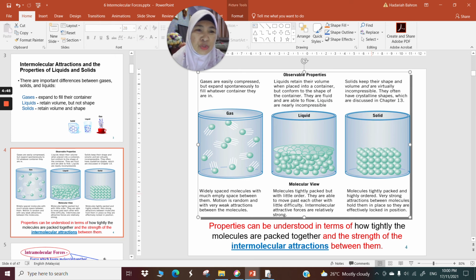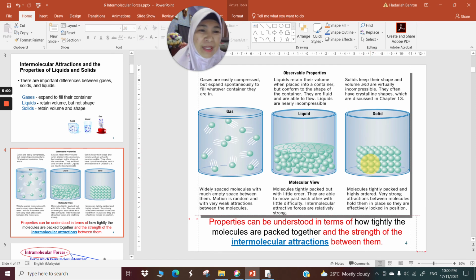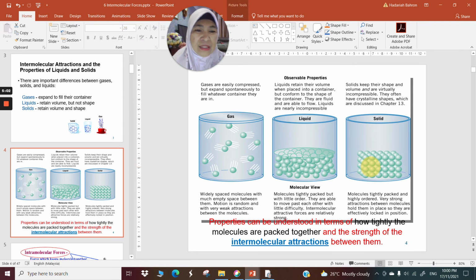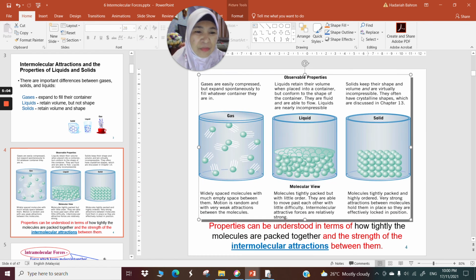In solid, the molecules are tightly packed and highly ordered, with a lot of organization in the packing. There is very strong attraction between the molecules holding them in place, and they are effectively locked in position.